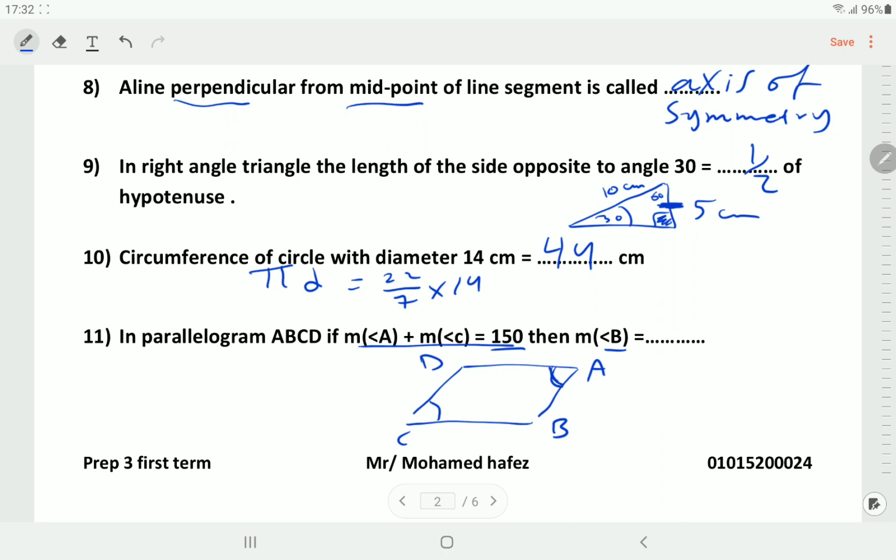You must know that each two opposite angles of a parallelogram are equal in measure. Then we divide 150 for the two angles A and C. It's going to be 75, and we have 75 here. But we ask for the measurement of angle B. In a parallelogram each two consecutive angles sum to 180. Then we have 180 minus 75 equals 105 degrees.